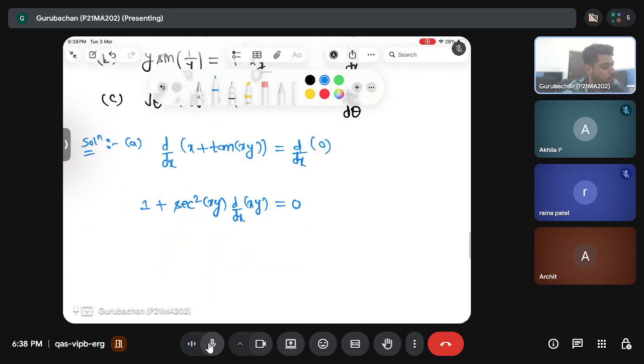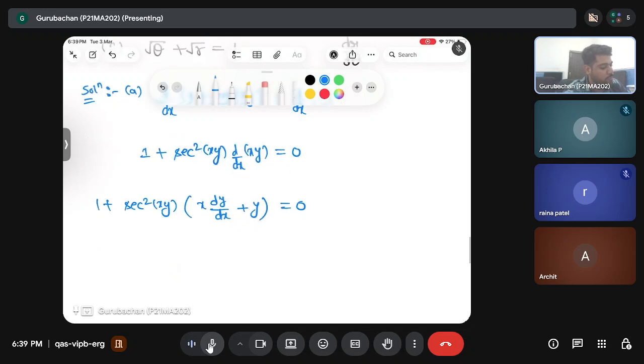This will be 0 = 1 plus secant square of xy, and this will be x dy by dx plus y.